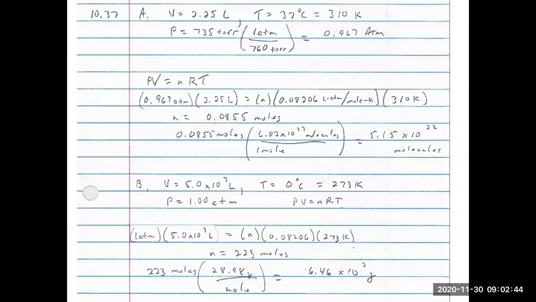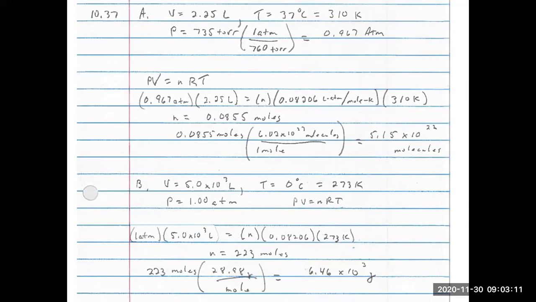We had to make two changes to some of the information we were given in order to get the units to line up with the units in our gas constant. We converted temperature from degrees C to Kelvin, and we converted the pressure from torr to atmospheres, using conversion factors.